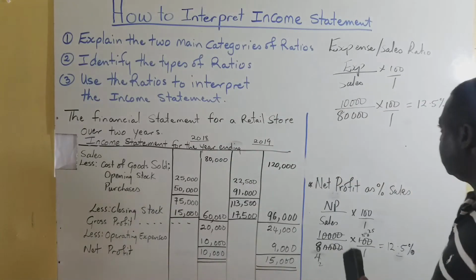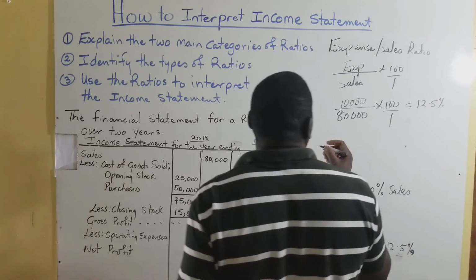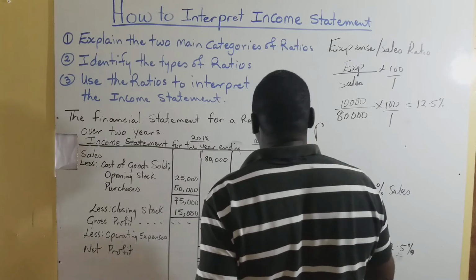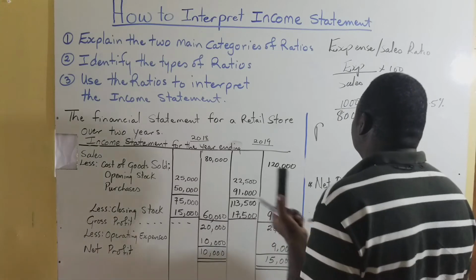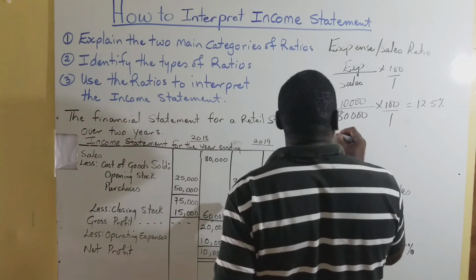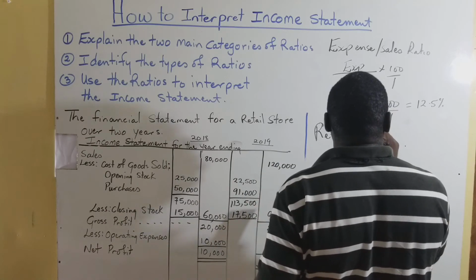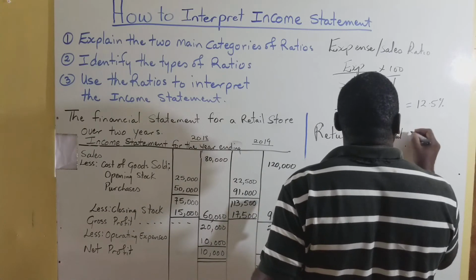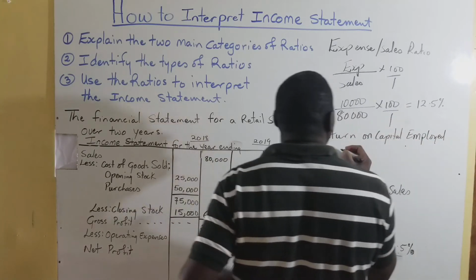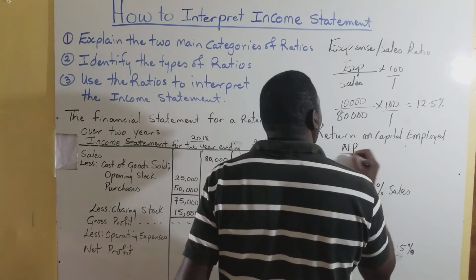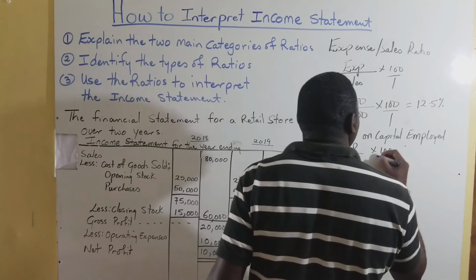All right, we're going to do the third one, and that would be the ROCE ratio. The ROCE ratio would require the capital. So ROCE, return on capital employed, is equal to our net profit over our capital times 100 over 1.